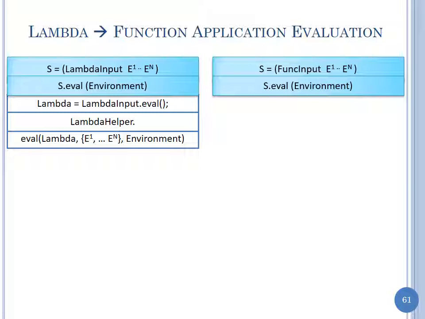Can I do a func input.eval? Have we seen enough to figure out how to evaluate something that is a function expression? So what's a closure? A closure is a lambda associated with an environment. And how did we get the closure?